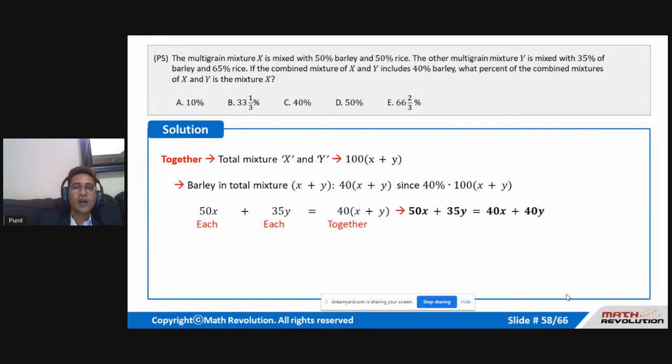This is how the equation would look: 50x, that is barley in mixture X, plus 35y, which is in mixture Y, equals 40 times x plus y. If you rearrange, we can definitely find the value of x and y in each other's terms. So this becomes 10x equals 5y, or 2 times x equals y.